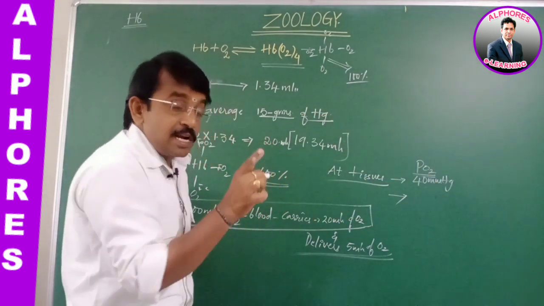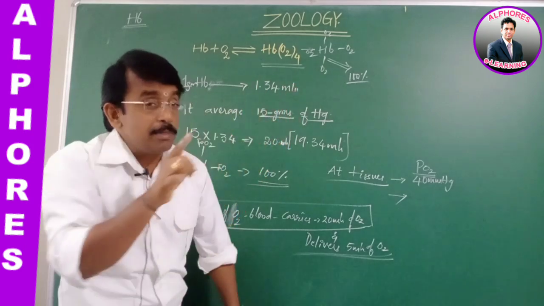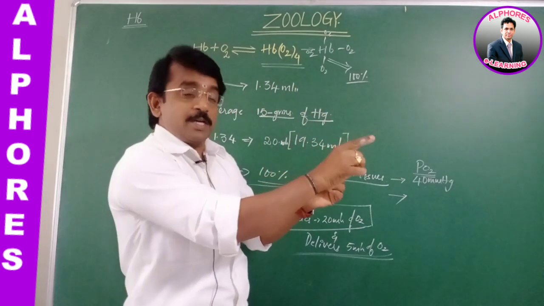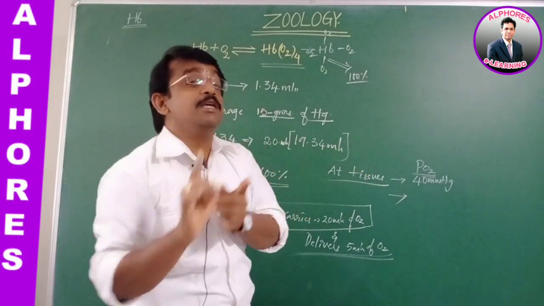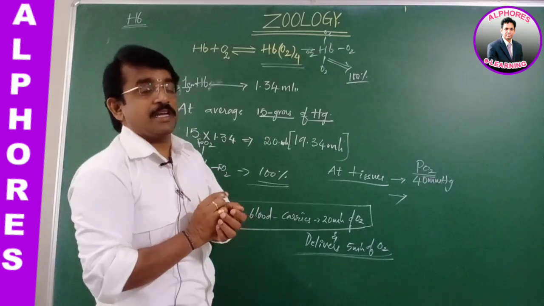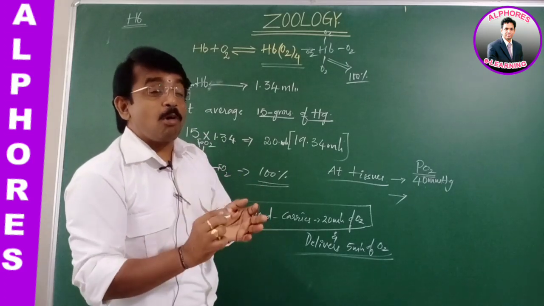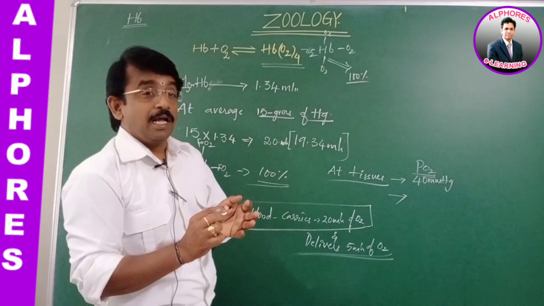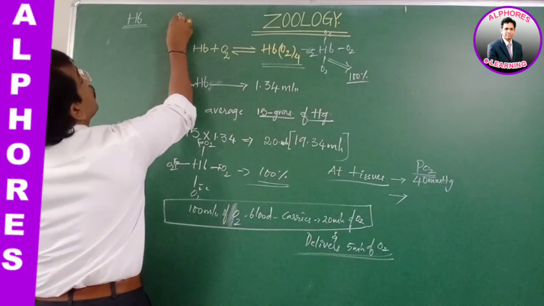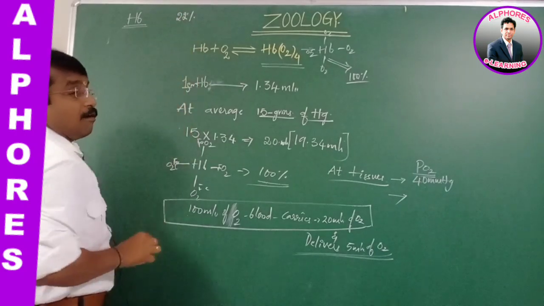So, what is the ratio between 20 ml to 5? It will be 100% is the saturation it is with, and it delivers close to 25%. That is the oxygen delivered to the tissues is 22% from RBC.